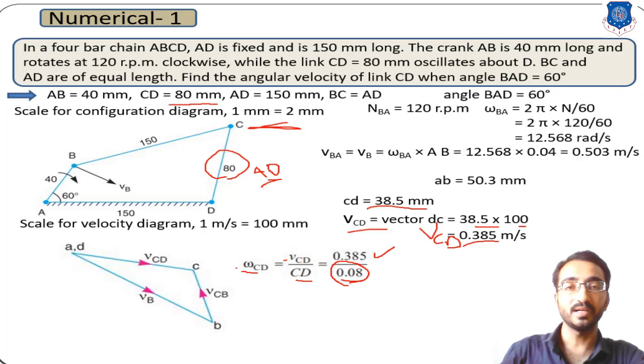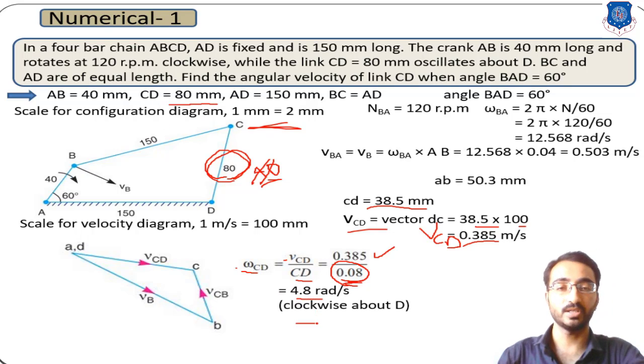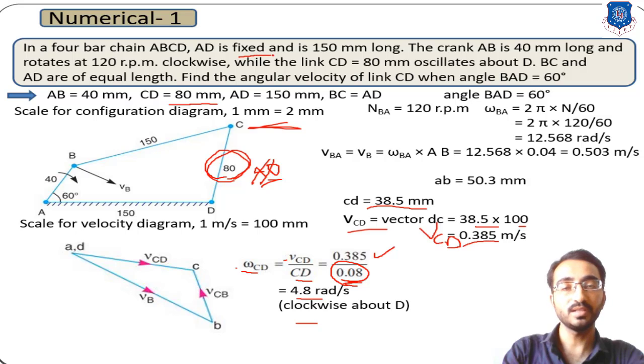The velocity is in meter per second, so the length must be in meter, that's why you have to consider 0.08 meter. With this calculation you will get an angular velocity of 4.8 radian per second, which moves in a clockwise direction. Okay, so in this way we can solve numericals with the help of the relative velocity method.